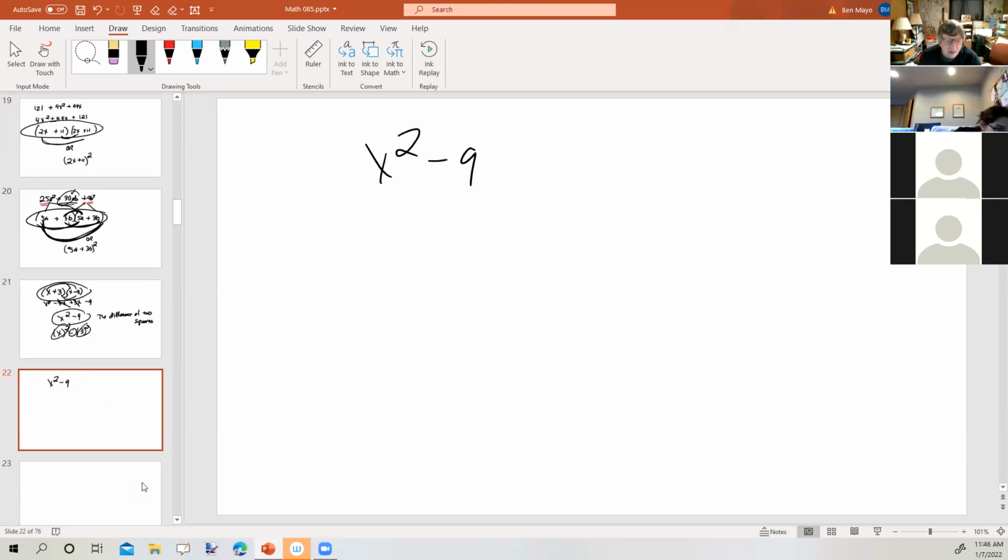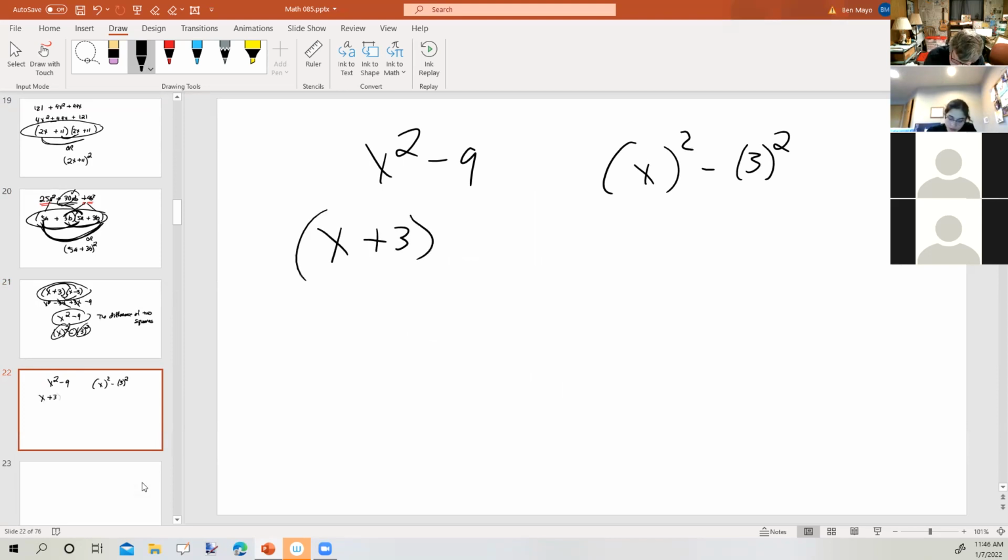if we have a binomial, okay, we've been looking at trinomials, but if we have a binomial that can be written as the difference of two squares, the factors are the sum of the bases times the difference of the bases.